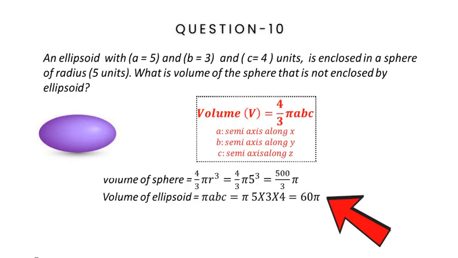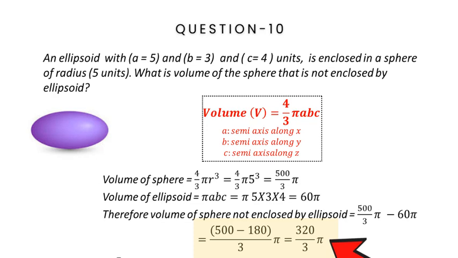Volume of the ellipsoid equals pi times abc, which is equal to 60 pi. Therefore, the volume of the sphere not enclosed by the ellipsoid equals 500 by 3 pi minus 60 pi, which is equal to 320 by 3 pi.